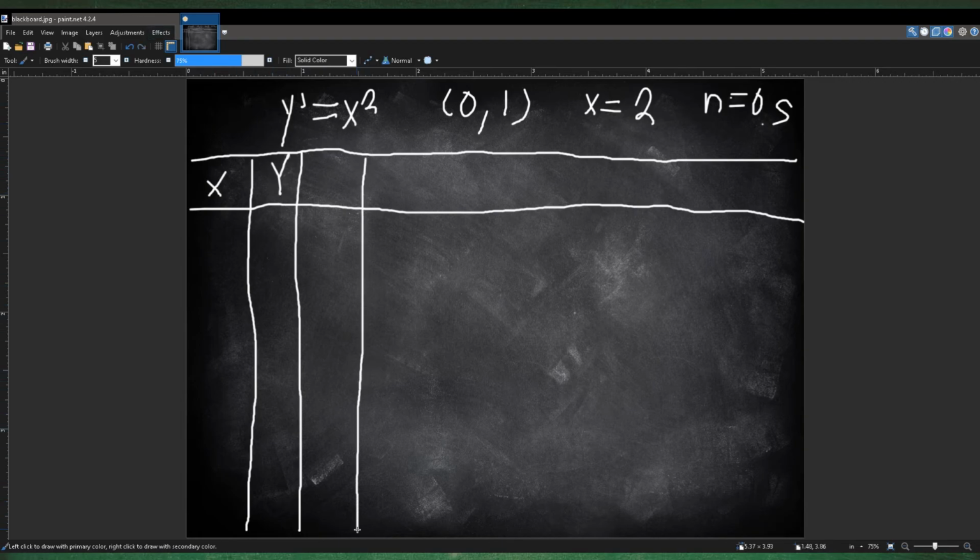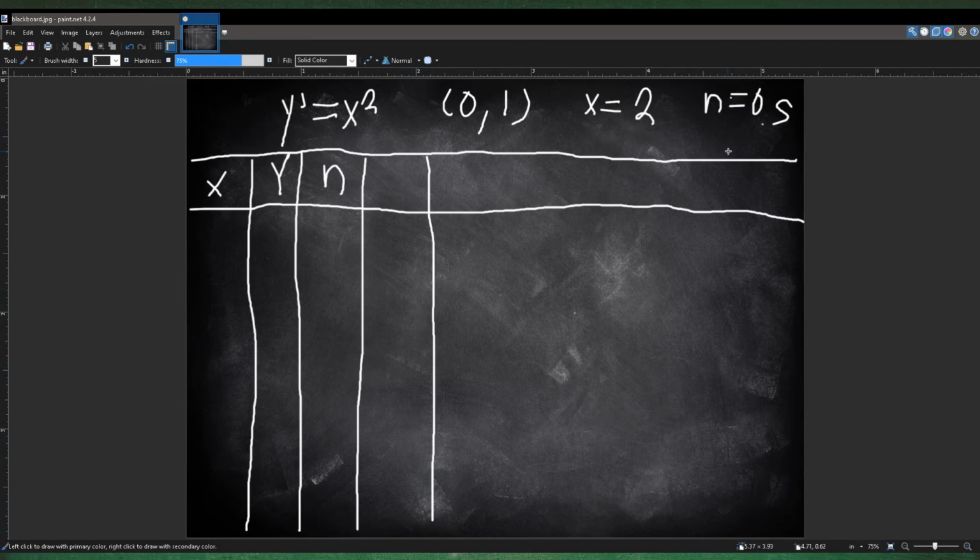Your third column, I usually like to write as n, so I don't forget it's n. But if you don't want to, you don't have to. It's not that important. You just got to know your n is 0.5 for the example. Your step size is not always 0.5, but I'm just using 0.5 as the example. So whatever number is more convenient for you, just use it.